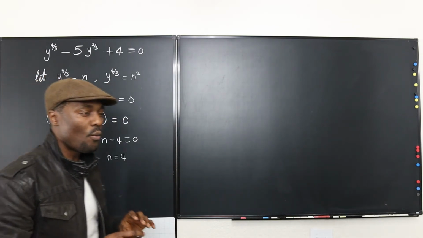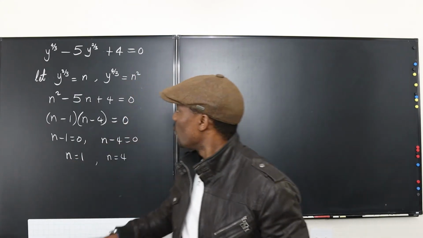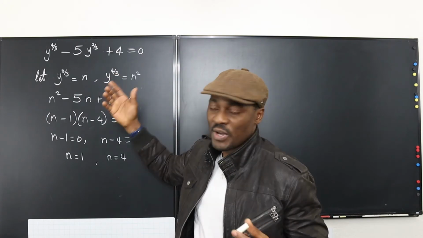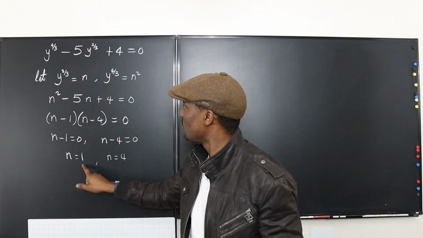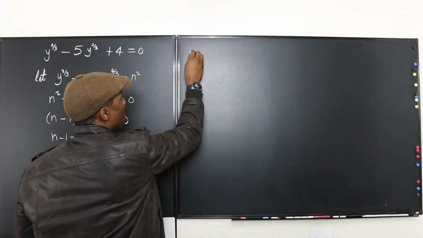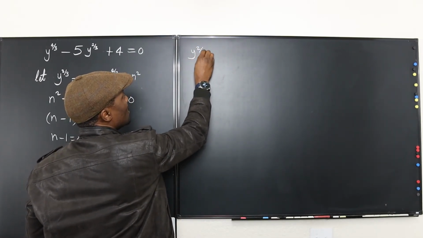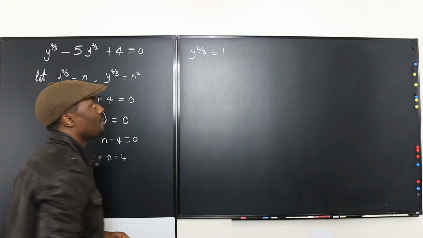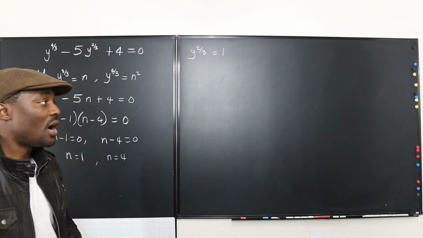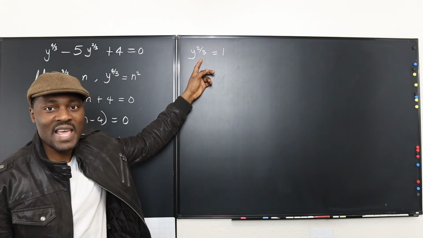So now, what exactly is y? We're going to take this expression and solve it. But we can just say that if n equals 1, then it means this expression is equal to 1. Let's see. So you have y to the 2/3 is equal to 1. What exactly would y be? Now, this is the strategy I adopt when I have a fraction as the exponent.